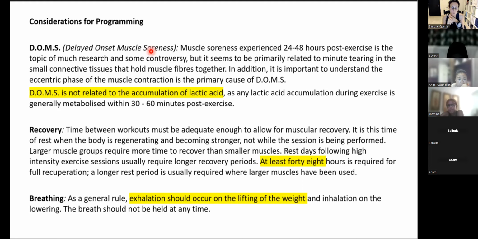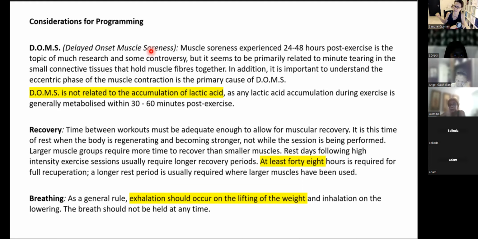Okay, so the lactic acid doesn't only accumulate when you're doing your cardiovascular anaerobic system. It's also there when you lift very, very heavy weight.